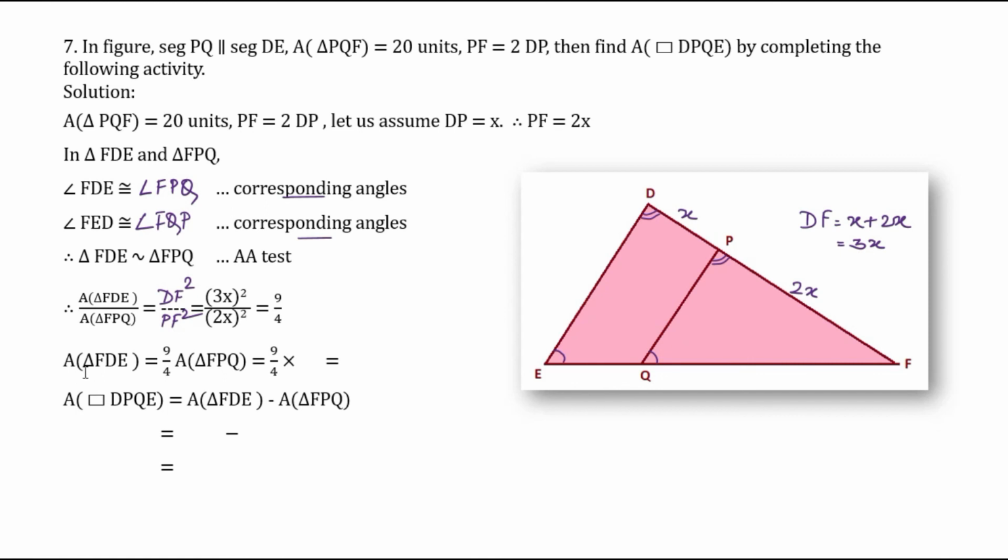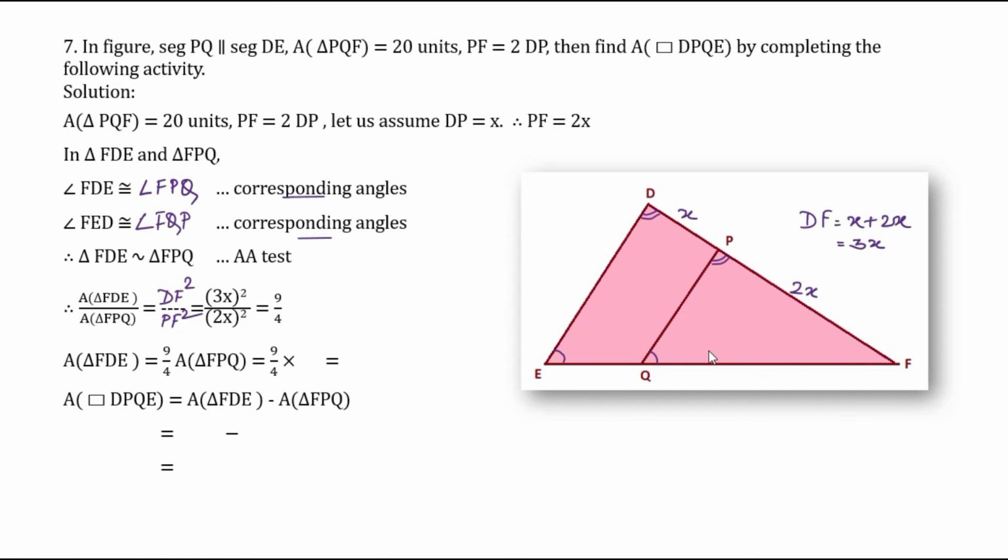Now next step, area of triangle FDE is equal to 9 by 4 times area of triangle FPQ. I am simply taking this equation and reshuffling it. So 9 by 4 times area of triangle FPQ, but area of triangle FPQ is given, that is 20. FPQ or PQF, this is the same triangle.